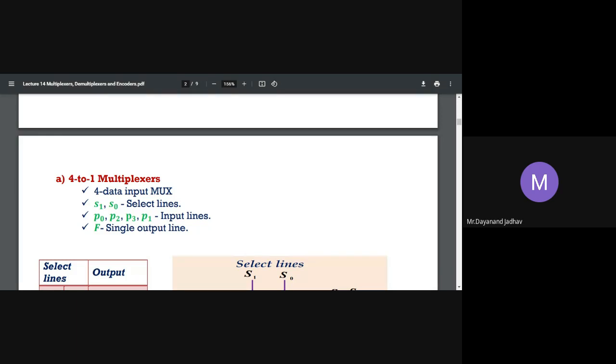For a 4 to 1 mux, there are 4 inputs, therefore 2 raised to m is equal to 4, therefore m is equal to 2. In this way, we can calculate the number of inputs and select lines for the 4 to 1 multiplexer, with only one output.